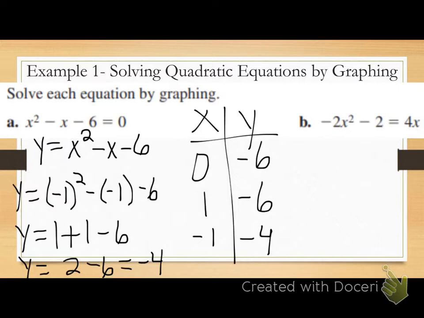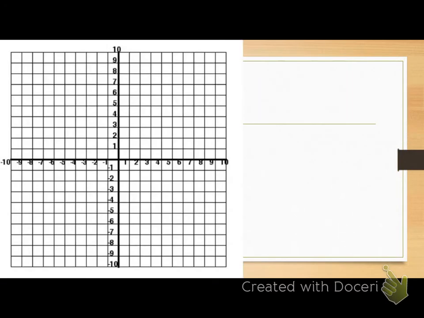Questions there? Everyone with me so far? Well, let's see what it's looking like so far. Let's go graph these ordered pairs real quick. So 0, negative 6.